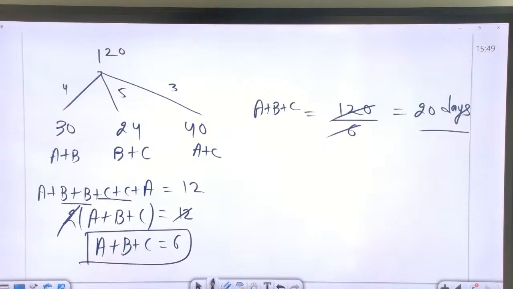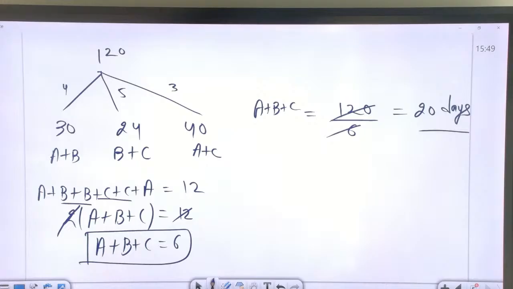Any problem? Okay, I'm giving you one more model like this. Just give me the answer. And remember one thing, this 6 is not number of days, this is efficiency of them together. So this is not the answer. In this question, 6 is the first option and 20 is the second option.